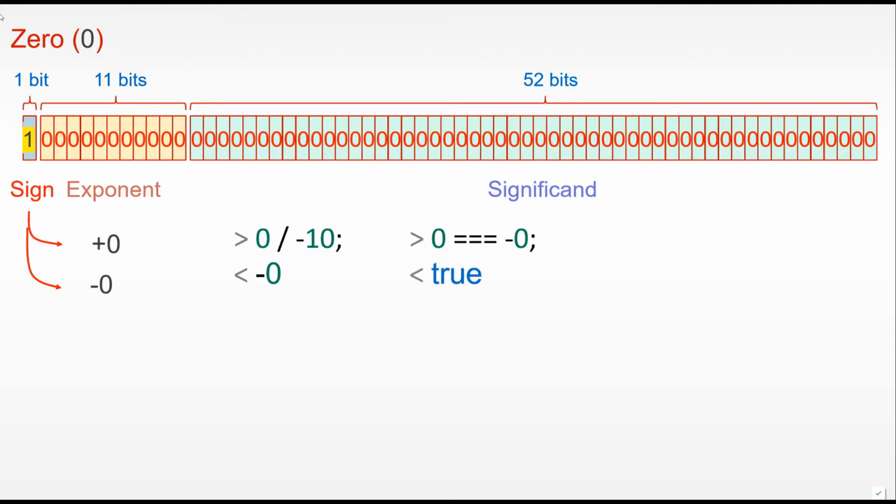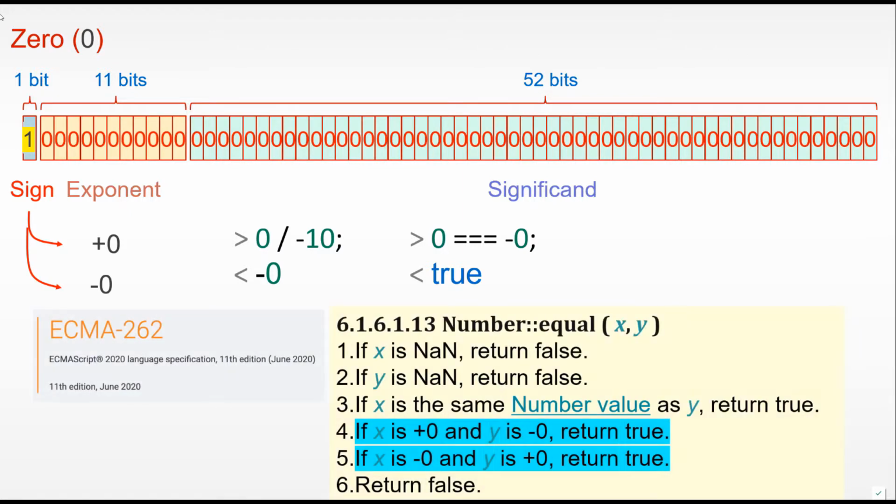Now this is not true for any other number, so -1 is not equal to 1, but the designers of the language in the ECMAScript specification, which is the specification of the language that browsers etc. are using, clearly state that if we compare two numbers x and y, and x is positive 0 and y is negative 0, the comparison should return true. If x is negative 0 and y is positive 0, again the comparison should return true.